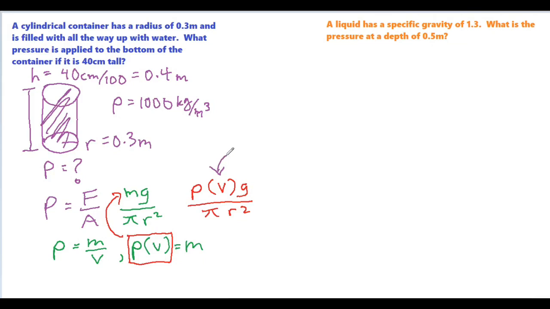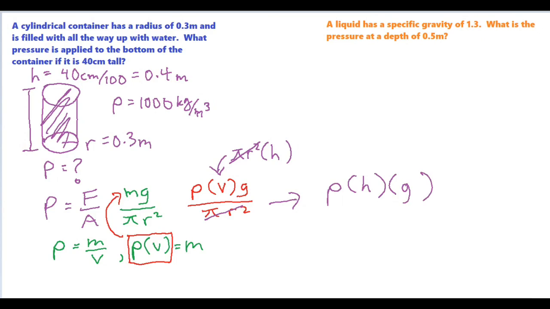The volume of a cylinder equals pi r squared times the height of the container. And we like that because the pi r squared in our numerator and in our denominator are then going to be canceled out. That leaves us with a simplified version of our formula, which is rho h g.